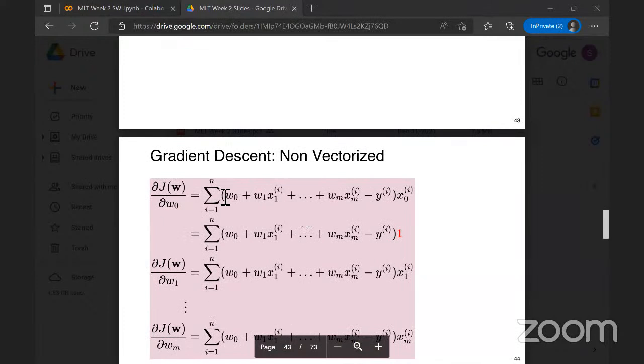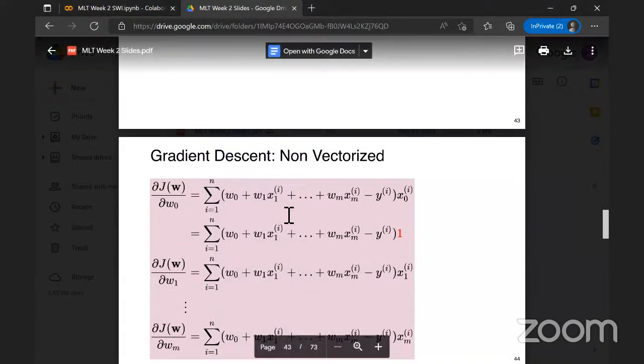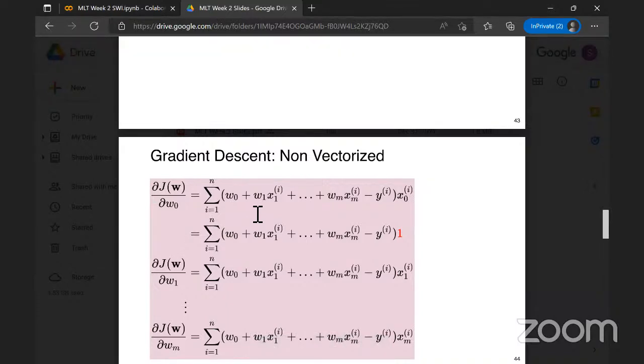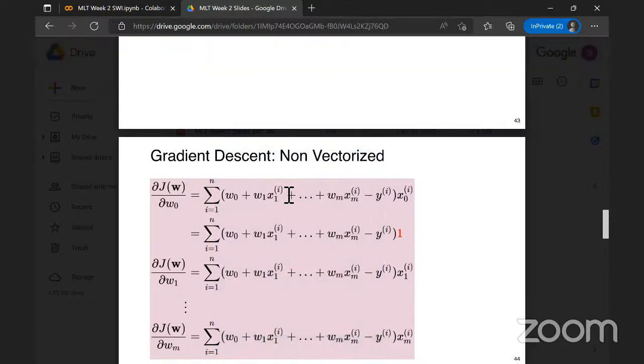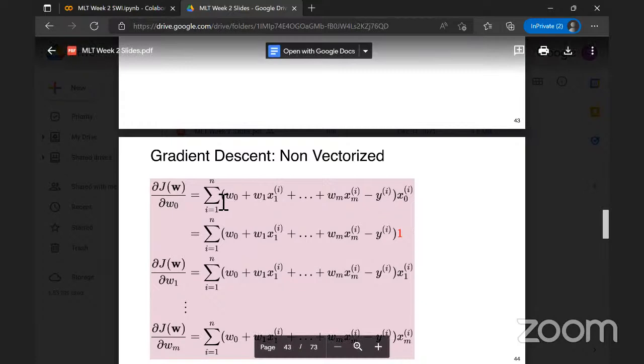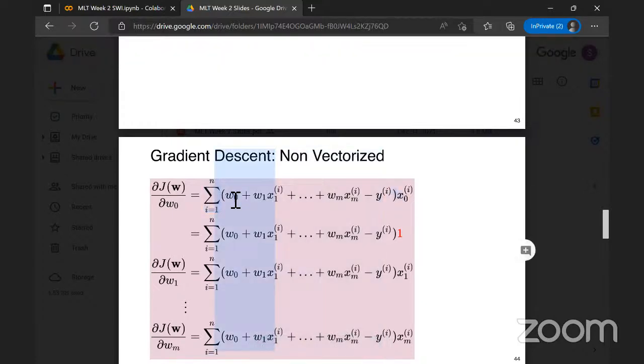Now, imagine that quantity. We had a half. So when we derive x square, something of square of something, the 2 gets cancelled. We write the entire expression W0 plus W1x1 plus W2x2 up to WMXM minus y, differentiated with respect to W0, and you'll find there's only one quantity which has W0, which is W0x0, right?